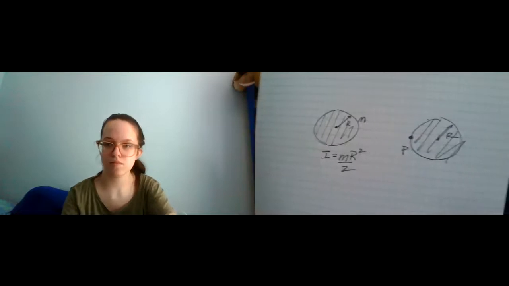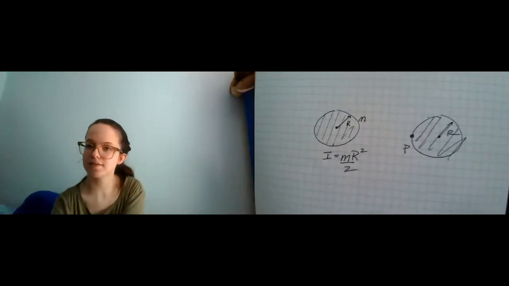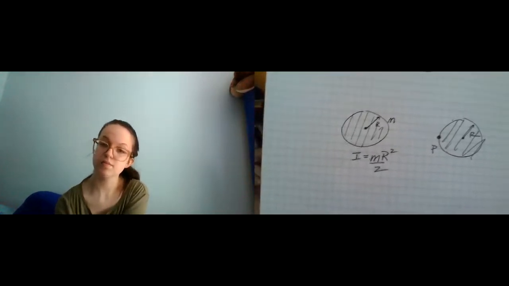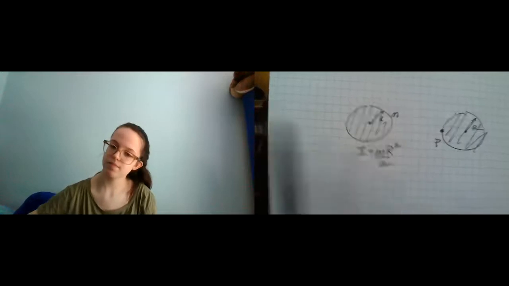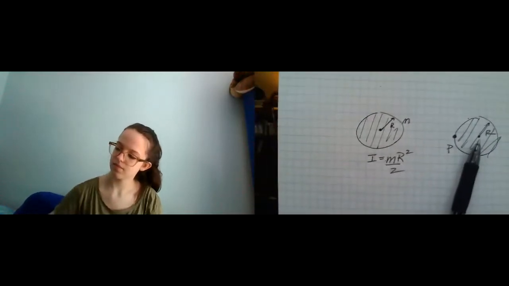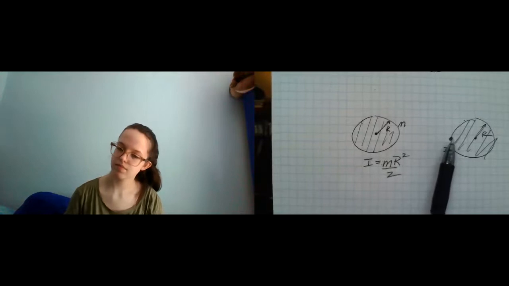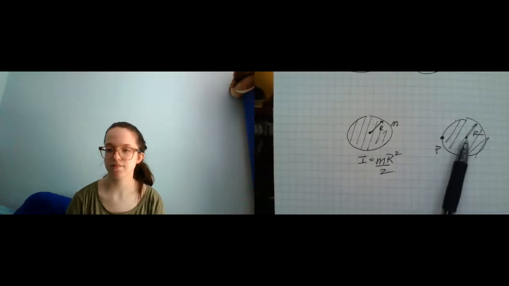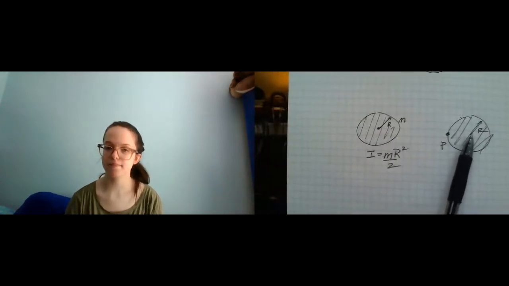So when I move my pivot point out to the edge, like that, now I have two components of I. I have a component because this mass here is a distance r from my pivot, and I have an I because this disc is still rotating, at least the way that I demonstrated it.